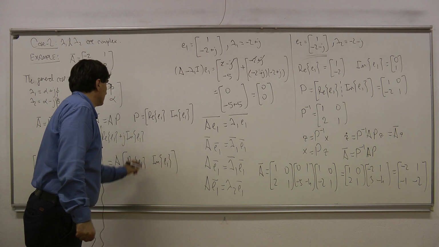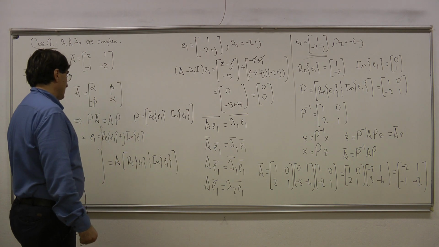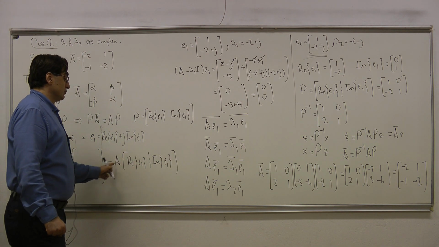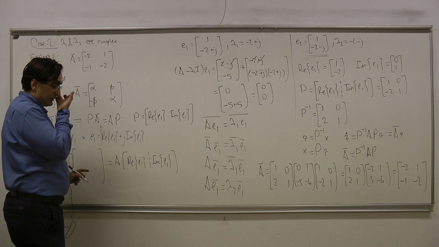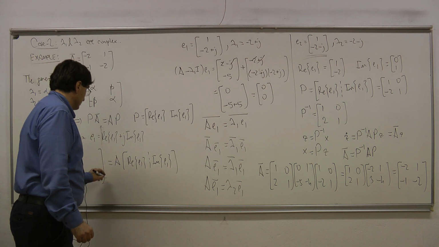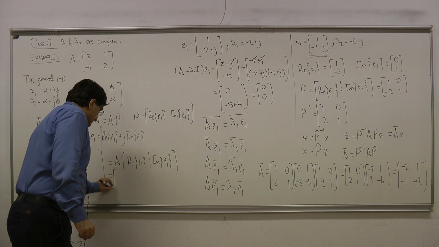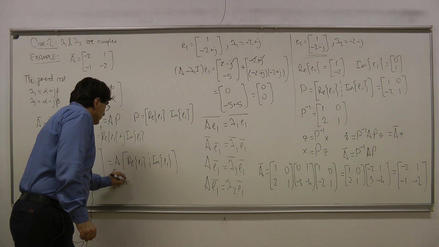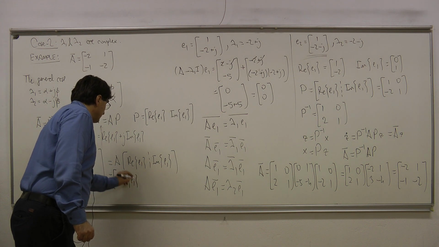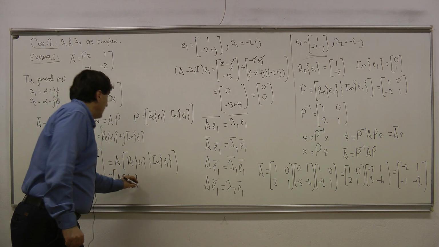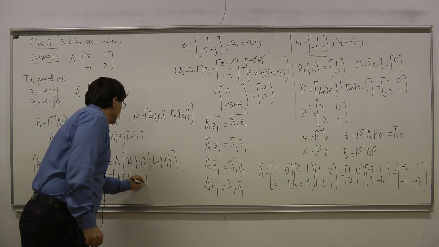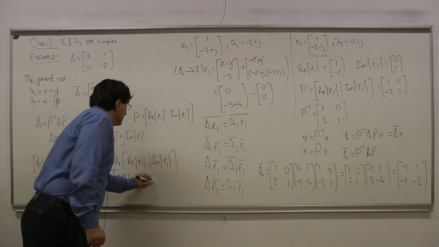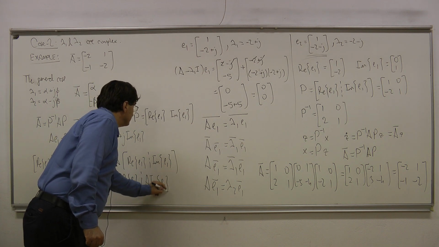Okay? Here I can do this multiplication using the partitioned matrix multiplication rules. This is nothing but A times the real part of E1, this vector, and the second column is going to be A times the imaginary part of E1. Okay?